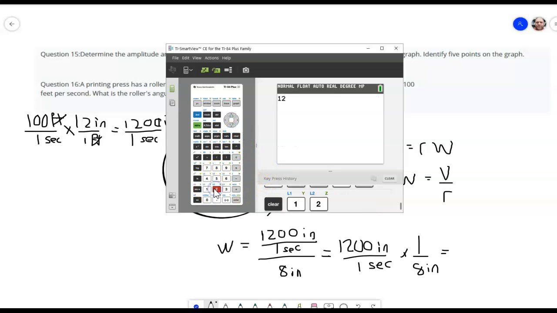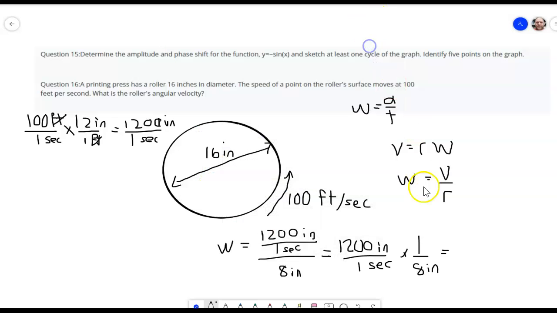And I'm going to get 150. And that should end up being, let's see, the inches cancel out, and we should get radians per second. And that should be our final answer for our angular velocity.